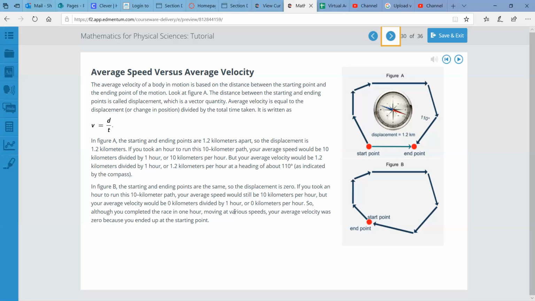So the speed has a magnitude, but you didn't change position. So the vector quantity of velocity is 0 because there was no displacement from the start and end point.